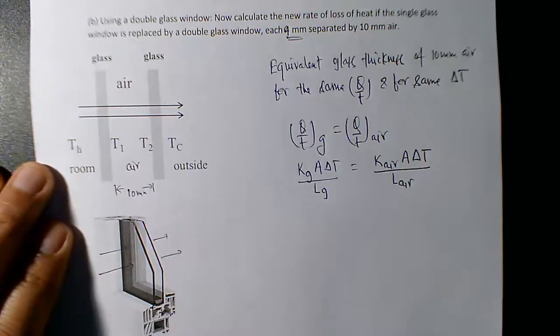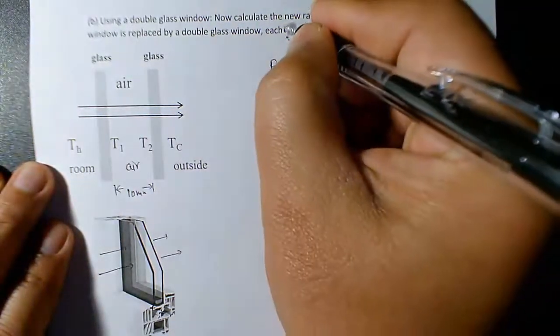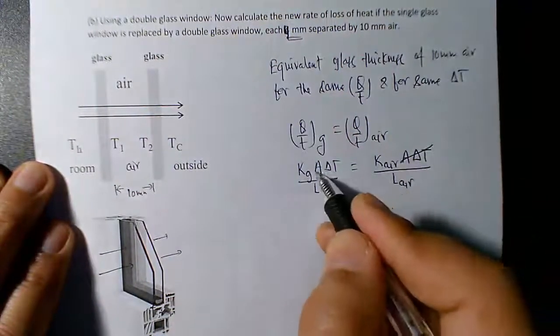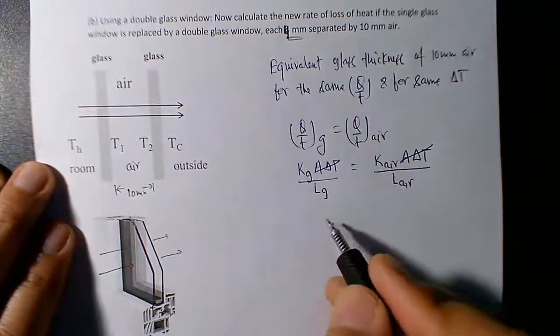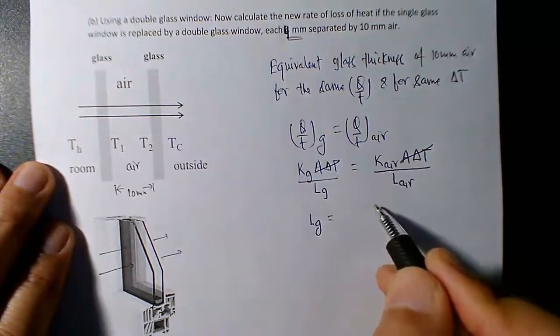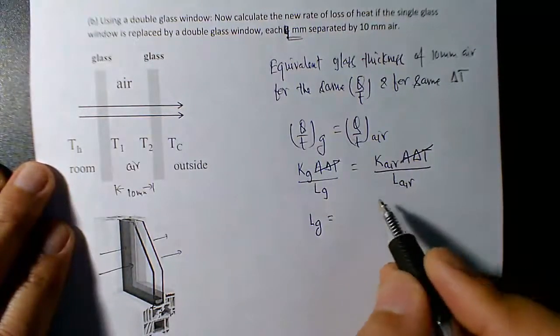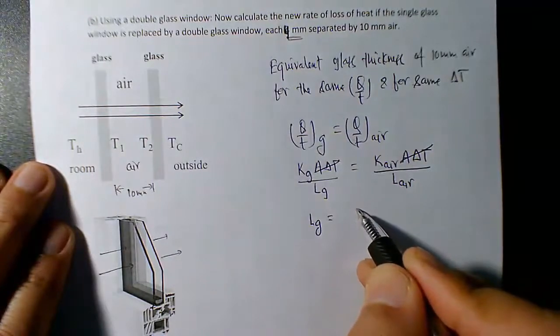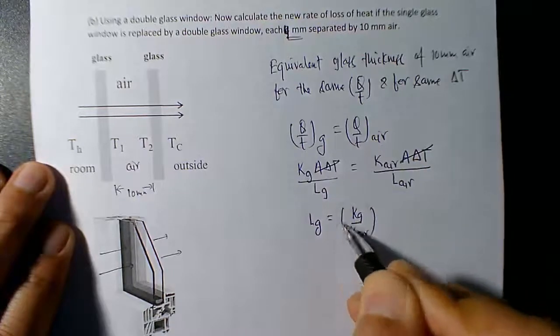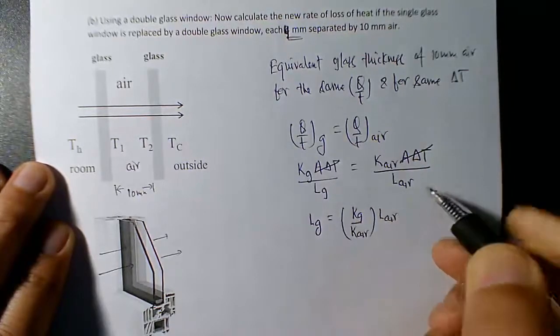Yeah, 4 millimeter actually. Okay, so then A delta T will cancel out. So we want to find the equivalent glass thickness for 10 millimeter air, right? So that's going to be K of G over K of air, ratio times L of air. So let's find out that.